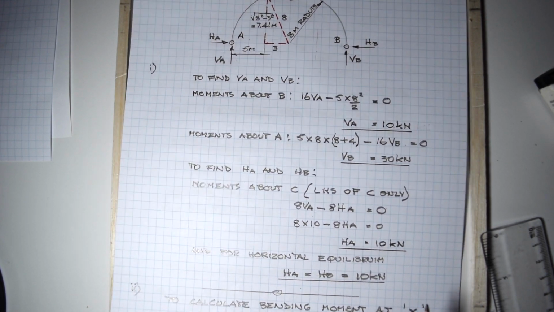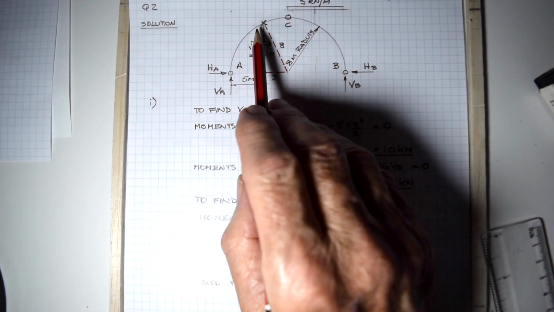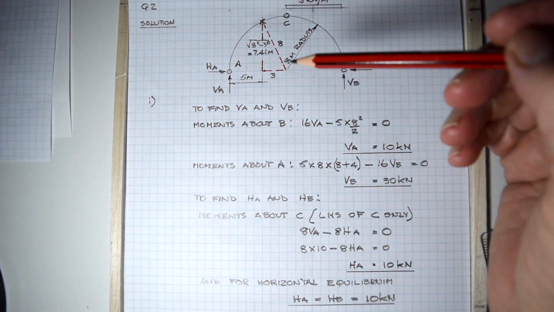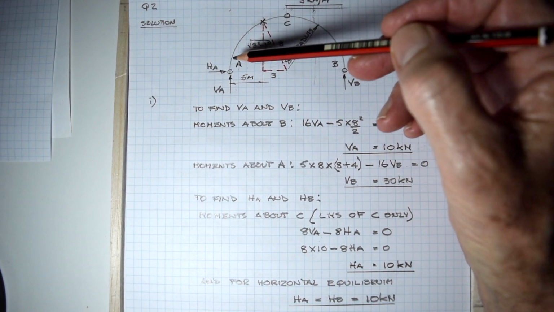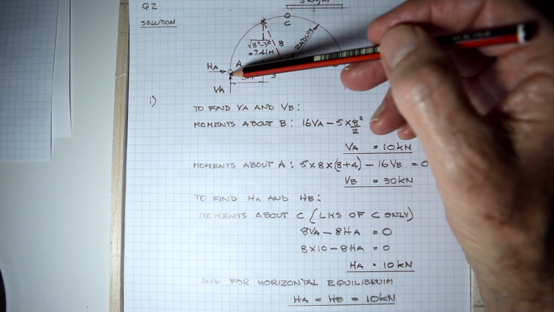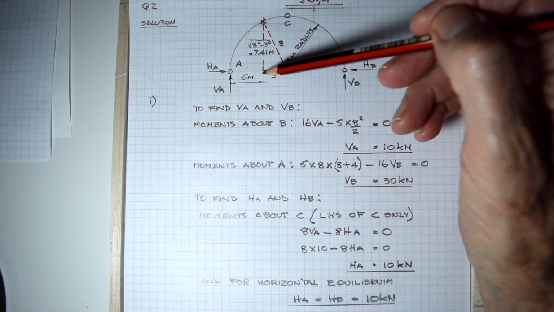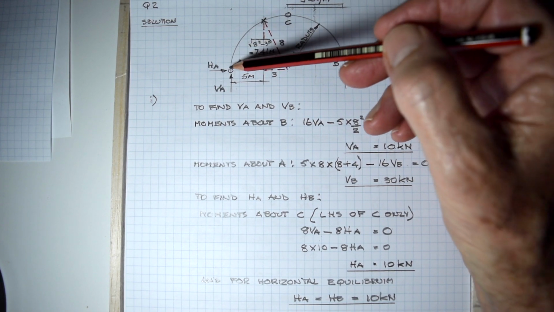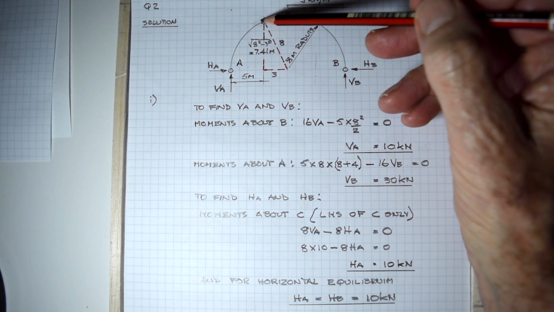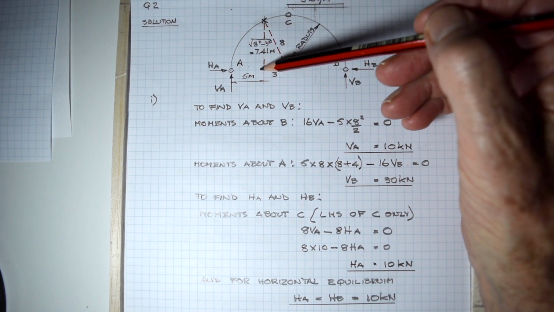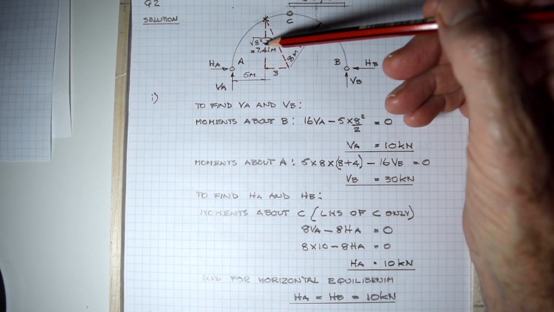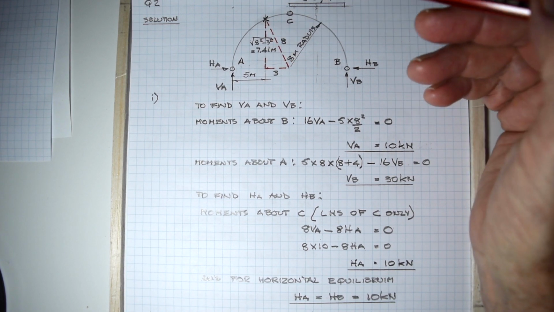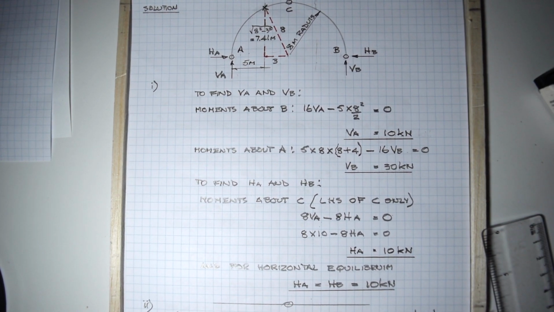Now, to calculate the bending moment at X, which is over there, we're going to take moments about X to the left-hand side only. We're going to take clockwise VA times 5 minus HA times 7.41. I'm just having a look at this. HA, not HB.